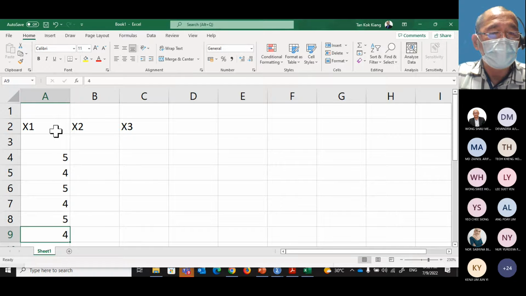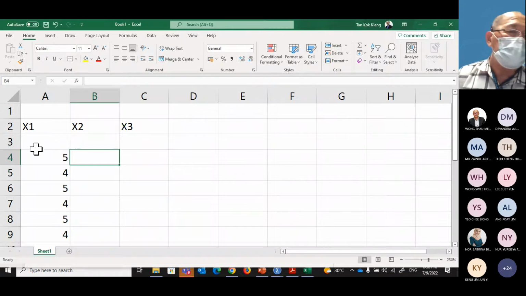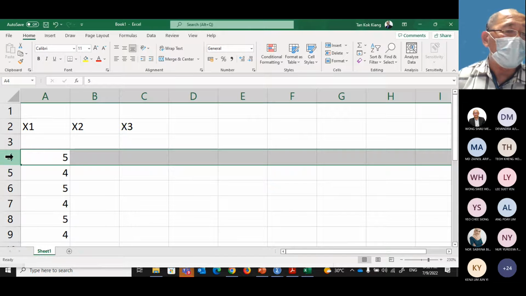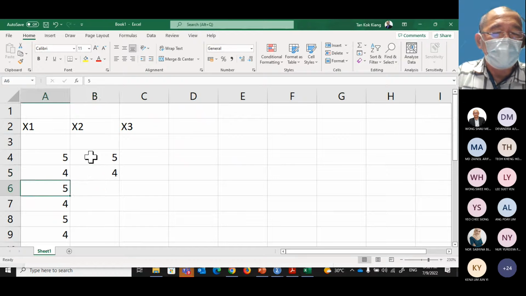Respondent 1 answers 5 and 5. Here 4 and 4. 5 and 5. 4 and 5. So 5 and 4.